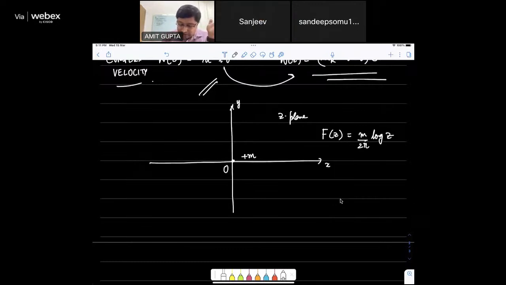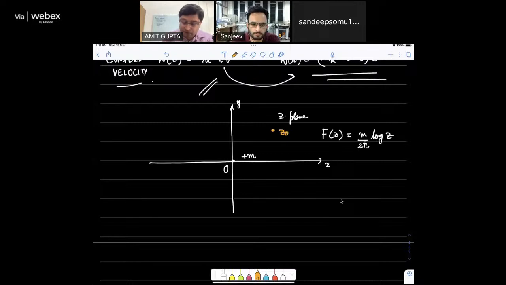So in case the source happened to be at some location, say, z naught, so the source was right here, then you should know that the complex potential would be m by 2 pi log of z minus z naught.